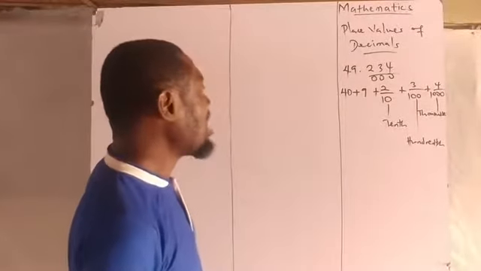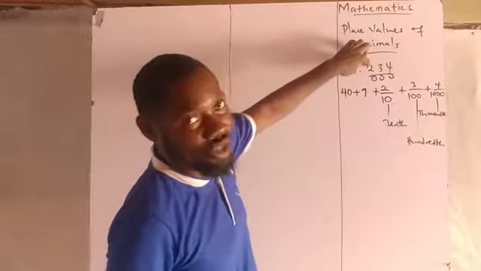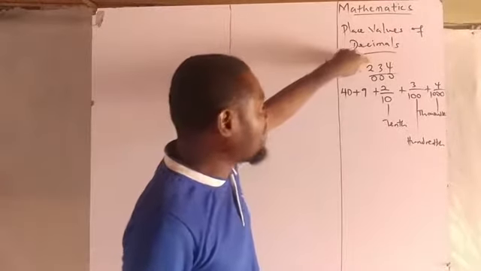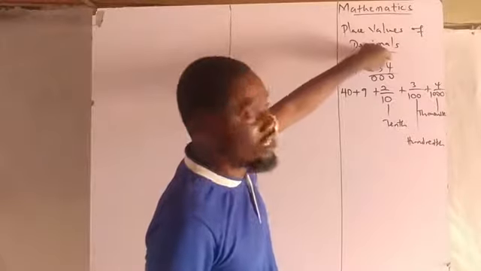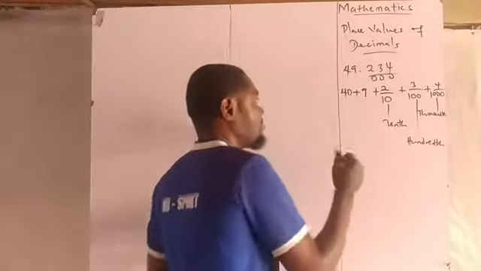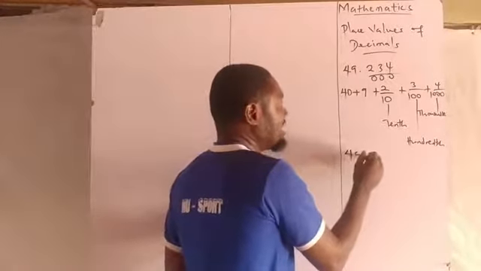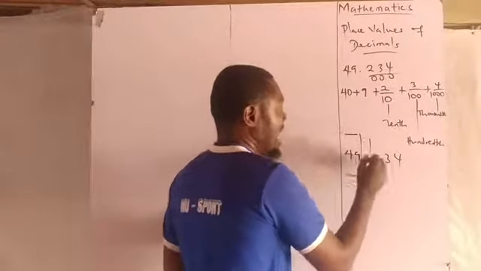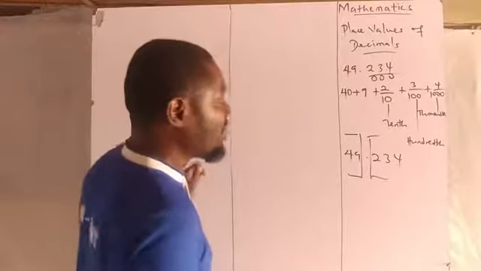So you ask, what is the place value of these? You write tenth. Tenth is the place value. This is hundredth. This is thousandth. So if I want to write out my place values, remember I said a decimal point number has the whole number part and the fractional part.